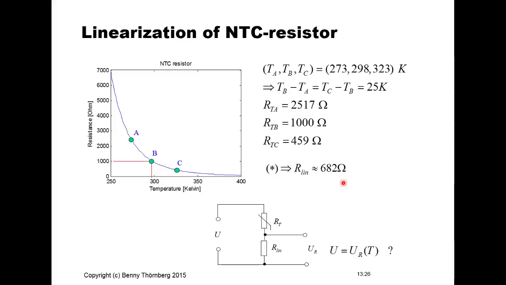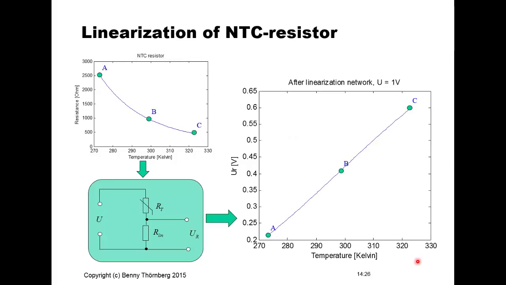But then we should analyze and see how the corresponding output voltage UR will look now that we have added this linearization resistor. How will the temperature dependency look? We can look at the next slide. We see here the 3 different points on this NTC resistor, and you can see how the linearization network looks.